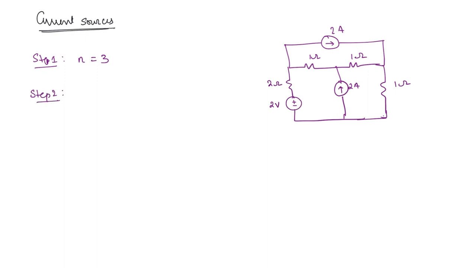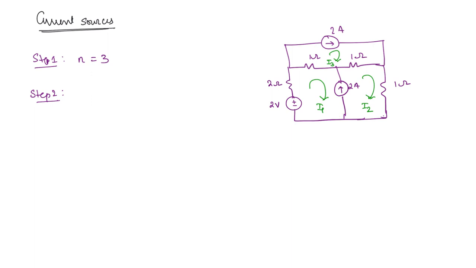We will take all of the mesh currents in the clockwise direction. So here I1, this we will take as mesh 1, mesh 2 current is I2 and mesh 3 current we will take as I3. Now you have two kinds of cases. In this case, this current source is associated with only one mesh, that is the third mesh.